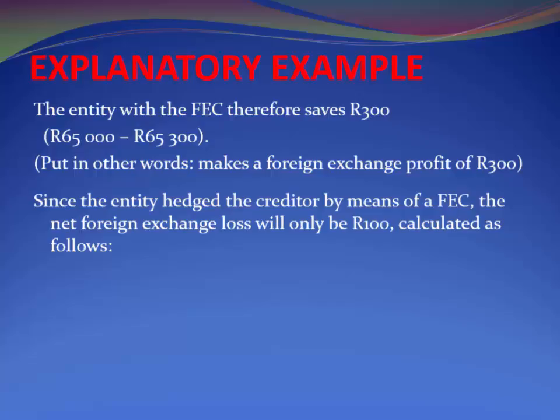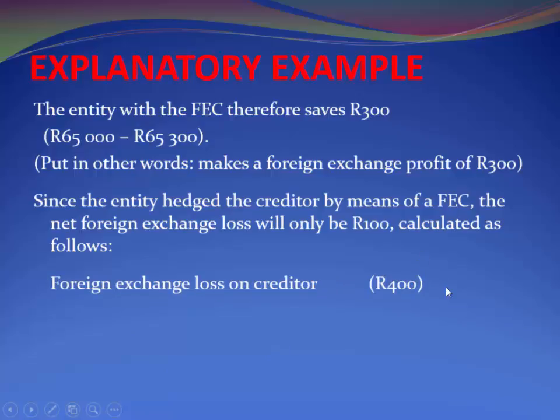Now, you must remember, when we do hedge accounting, we actually have two transactions. The taking out of the hedge is a financial instrument on its own. So your FEC, your forward exchange contract, is a financial instrument. On the other hand, you are still dealing with a creditor, so the creditor is also in your books. So we will make two calculations.